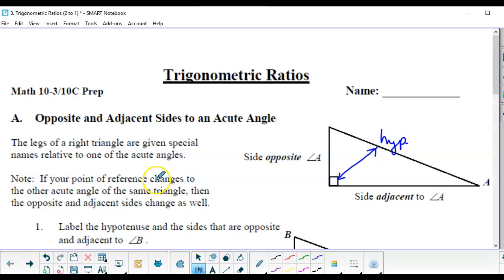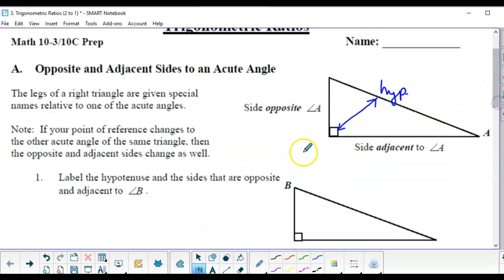Okay, and now we want to label what sides are opposite an angle and what are adjacent. So if we're referencing angle A, the side adjacent to it touches it. It actually forms it with the hypotenuse. If we are looking at angle A, the side opposite doesn't touch it at all.